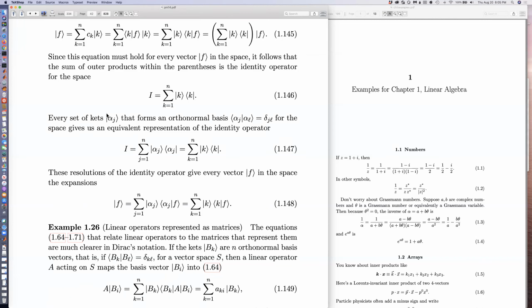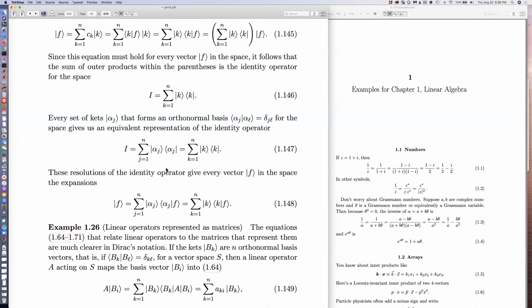So the point now is that every set of kets that forms an orthonormal basis gives an equivalent representation, because up here, instead of K's, we could have used alpha j and summed over j. And so what we learn then is that the same identity operator can be represented in infinitely many ways by choosing the infinitely many sets of orthonormal vectors that form the various bases of the vector space.